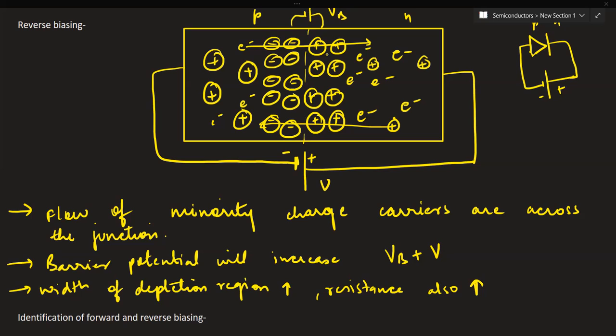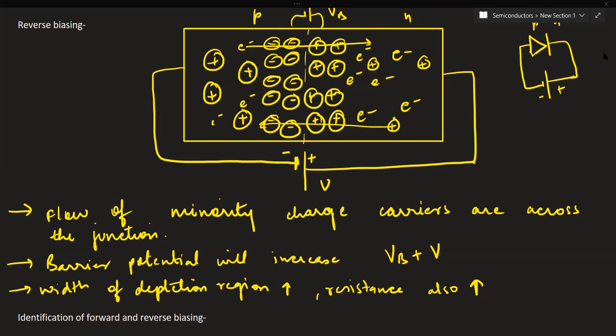So ultimately, negative charges, meaning the minority charge carriers from the N side, will get accumulated across the junction, and the minority carriers, that is electrons from the P side, will also get accumulated towards this junction. As these charges are getting accumulated, will the width increase or decrease? Increase.